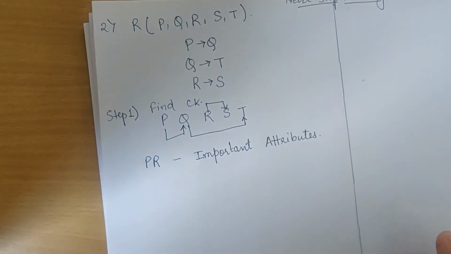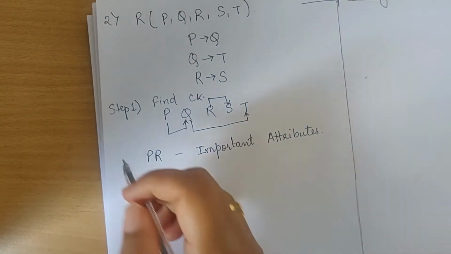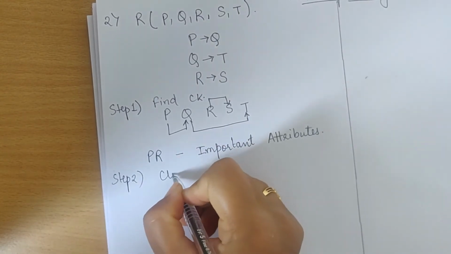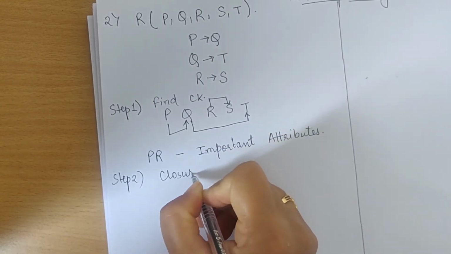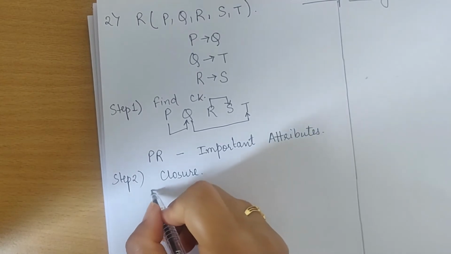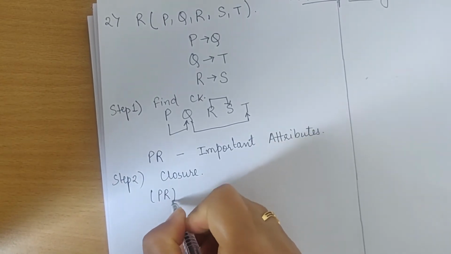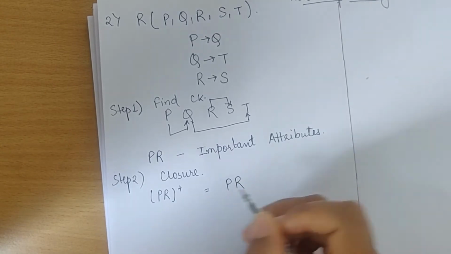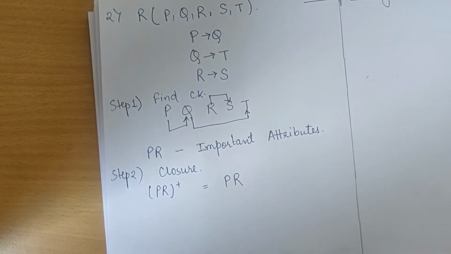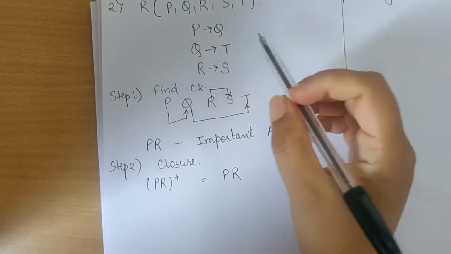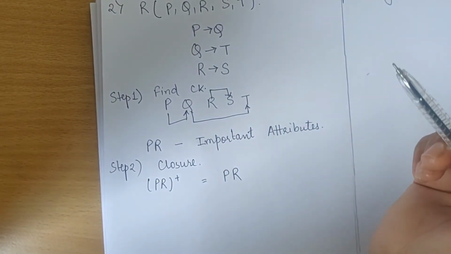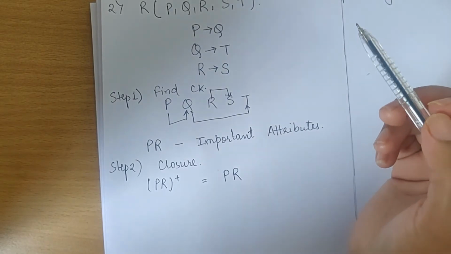Now for P and R, let's find out the closure. Step number 2. So I am calculating the closure of PR. What will come in the result set? The attributes for which I am calculating the closure. After that, repetitively I have to put the attributes which are functionally dependent on the attributes present in the result set.